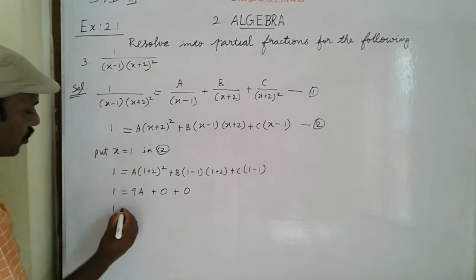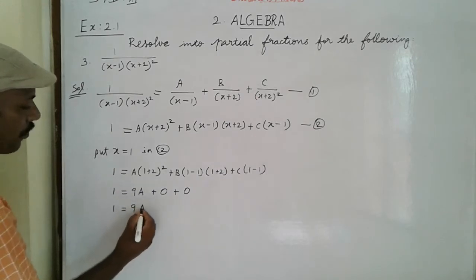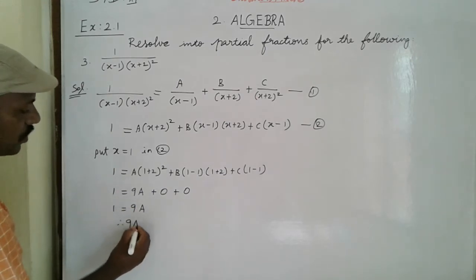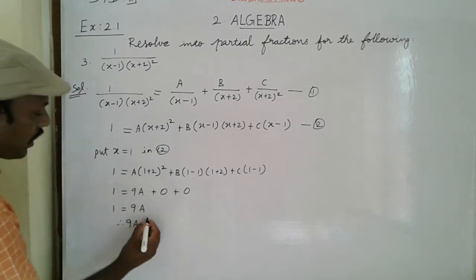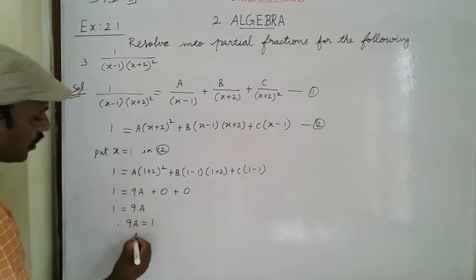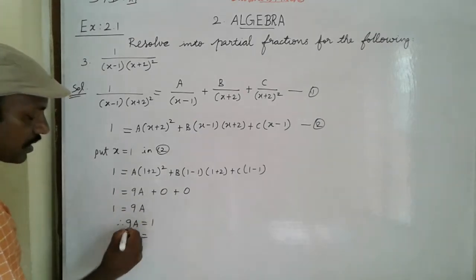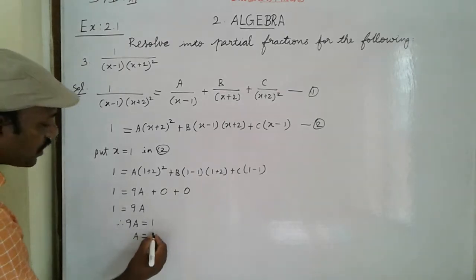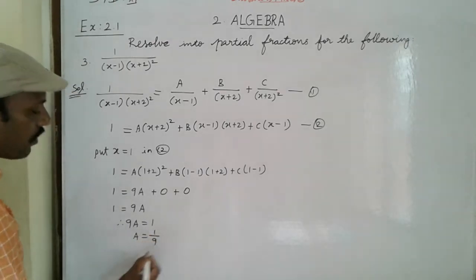So 1 equals 9a, therefore 9a equals 1, a equals 1 divided by 9.